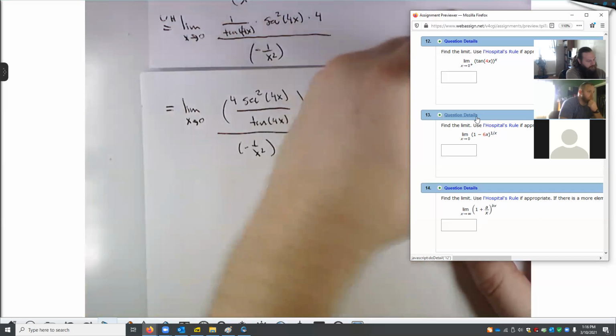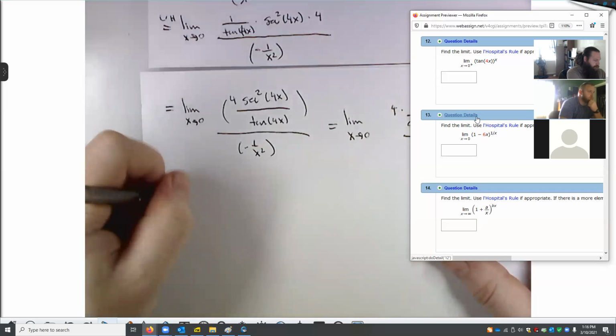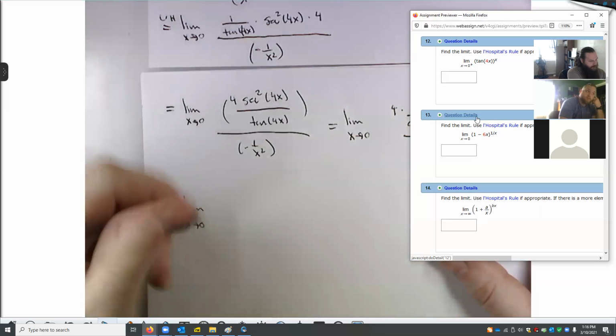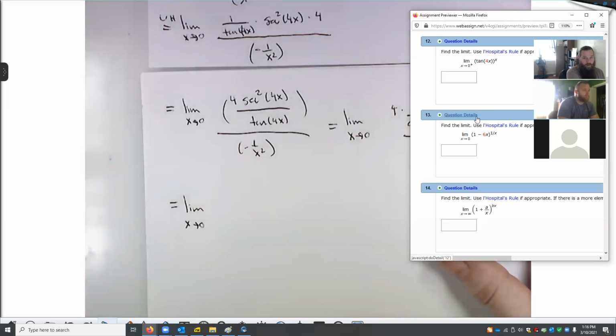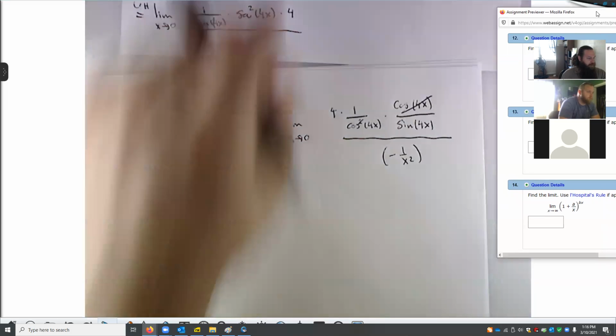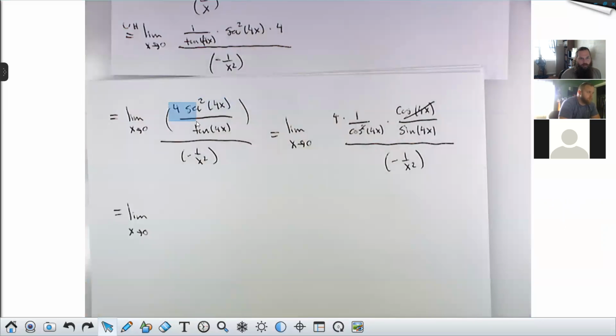I can cancel one of the cosines. And we'll get the limit as x goes to 0. I can't see the writing because of the little screen. Sorry, yeah, here, let me get this out of the way. So here's the algebra step I'm doing. This 4 is this 4. And then secant squared of 4x is 1/cos squared 4x.